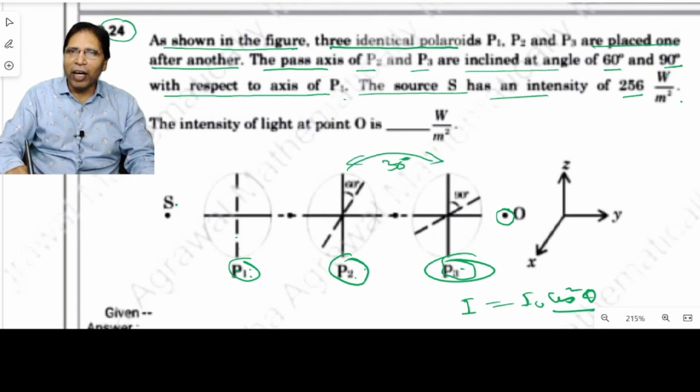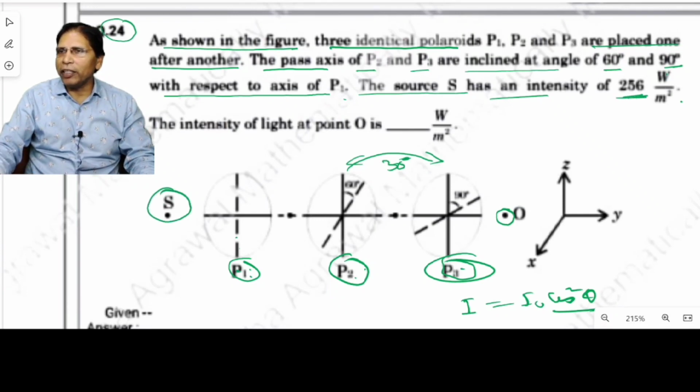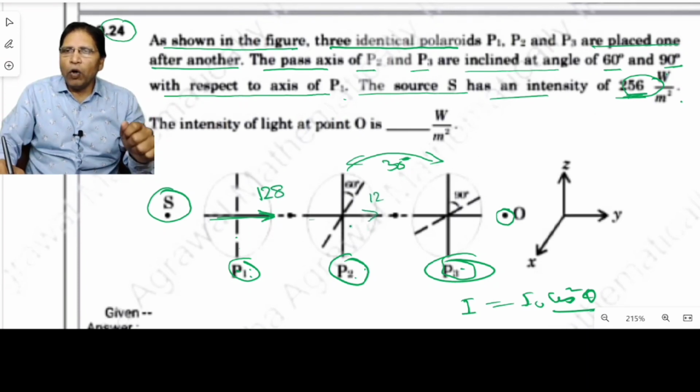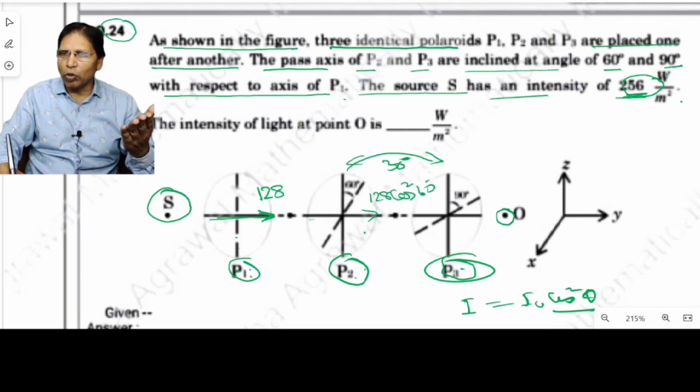Now this is unpolarized light of intensity 256 watt per meter square. After passing through P1, its intensity becomes 128, half of the original intensity. After passing through P2, this becomes 128 cos square 60 degree. The value of cos 60 is half, so cos square is 1 by 4.